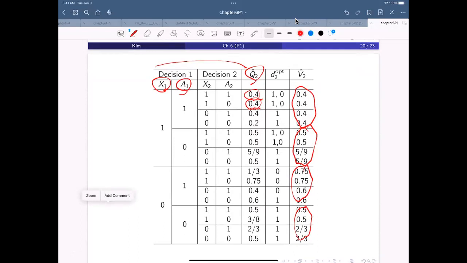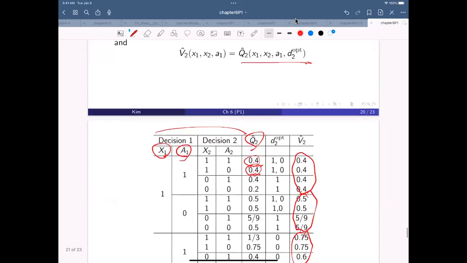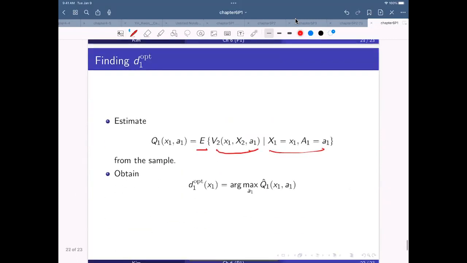But this one, you need to compute the conditional distribution to make the proper weight computation of the conditional expectation. Because you can see that this one is the expectation of this V2 term, which is a function of x2, because the other is a constant, given the history.